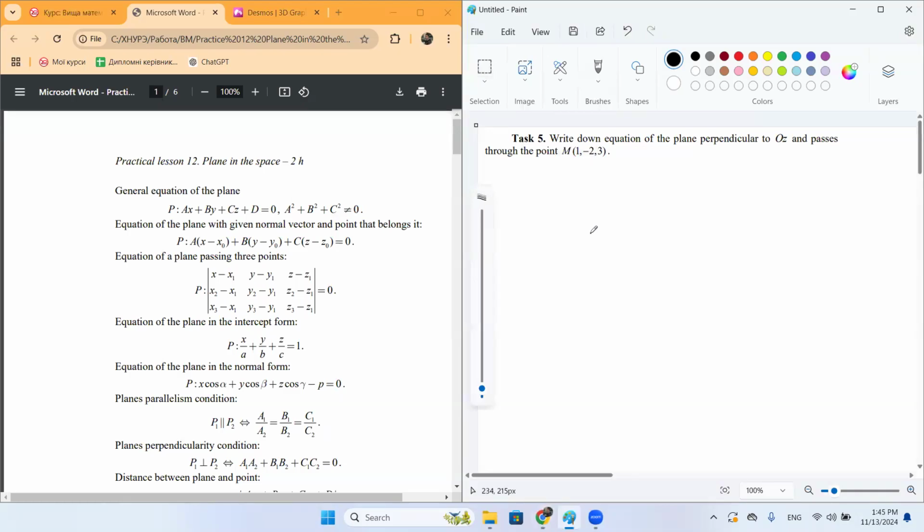Or maybe we already have the normal vector, but it's not written in the condition, so we can understand it from the condition. As it is perpendicular to OZ, what can be taken as a normal vector? So no ideas.